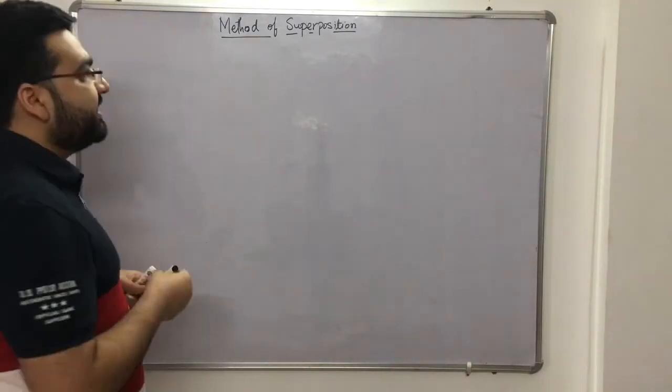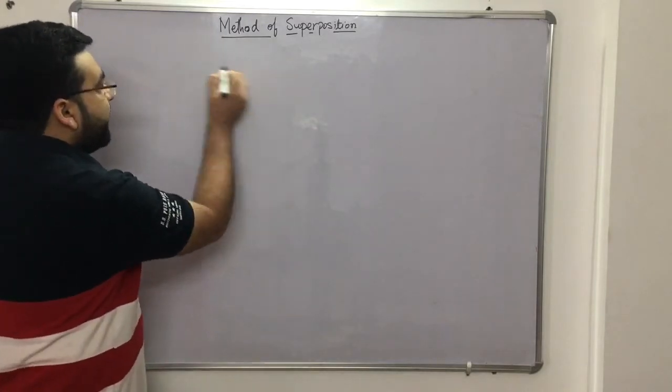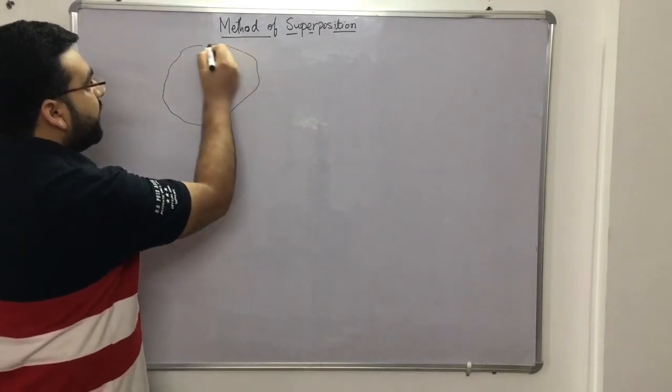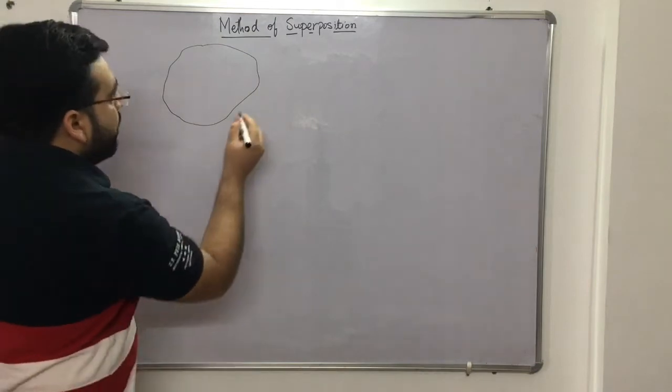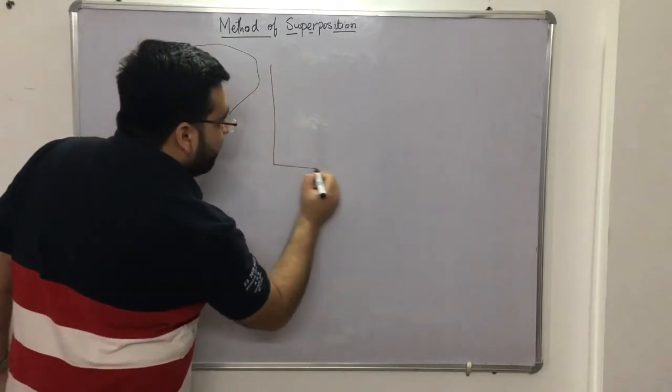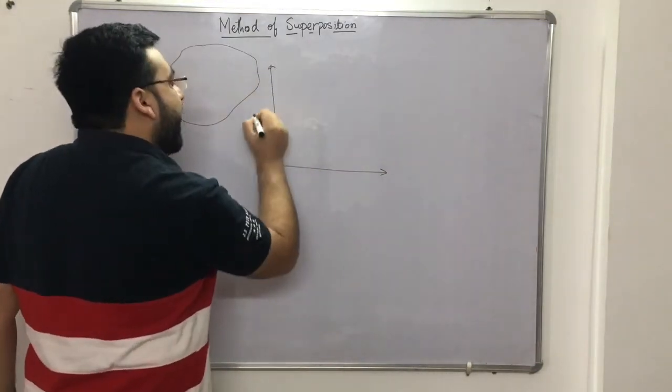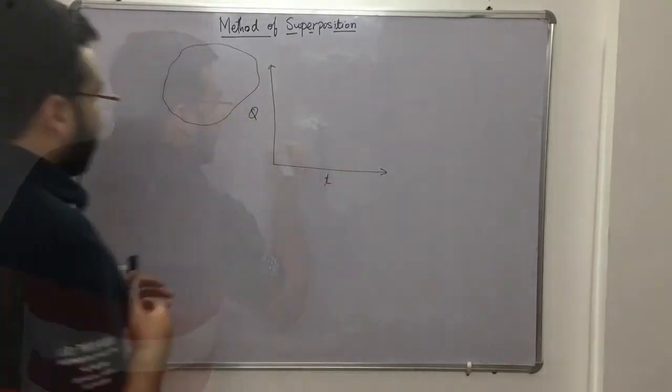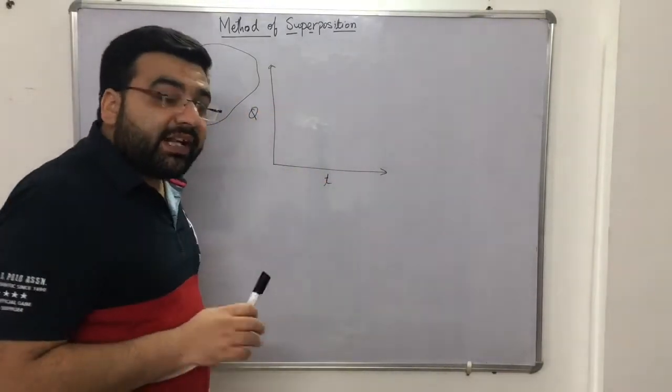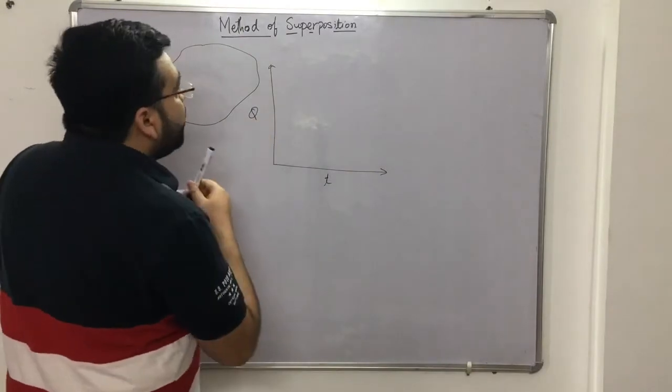Let me give you an example. Let us say this is a particular catchment area, and for this catchment area you have been given a unit hydrograph.